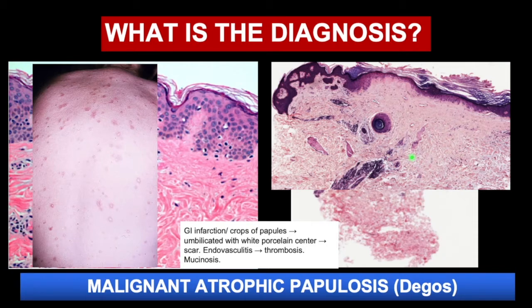Nobody knows exactly what happens in these patients, but the suggested mechanism is that there is an irritation or inflammation of the endothelial layer of the vessels. This will activate the coagulation cascade and cause thrombosis, and those vessels will start to drop or basically atrophy, and that's what you see here.